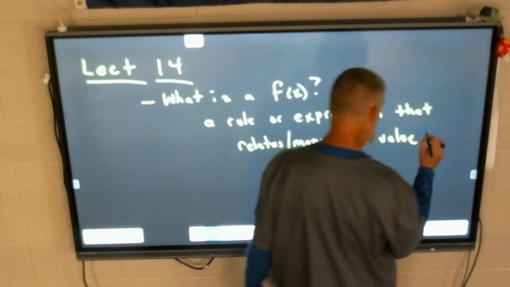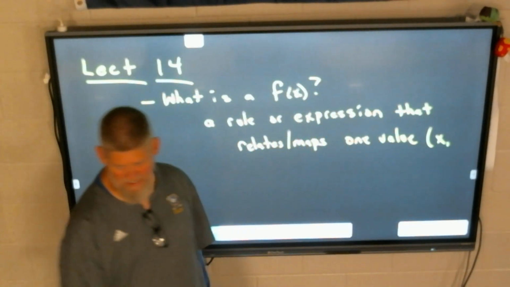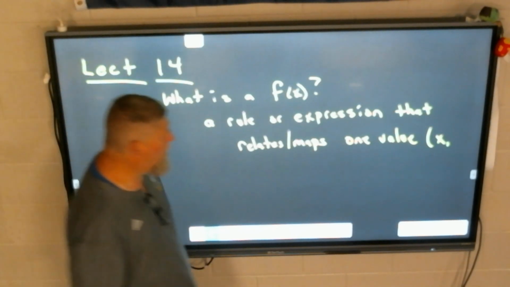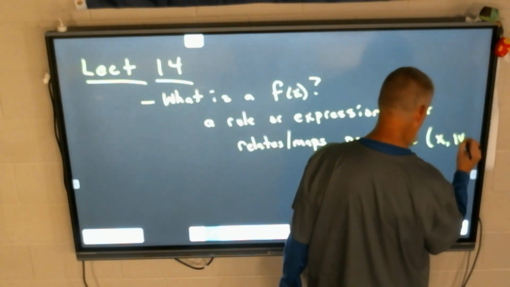Lots of times we use the letter x. It doesn't have to be an x, it can be any variable, right? Or what we called this back in elementary, an independent variable.